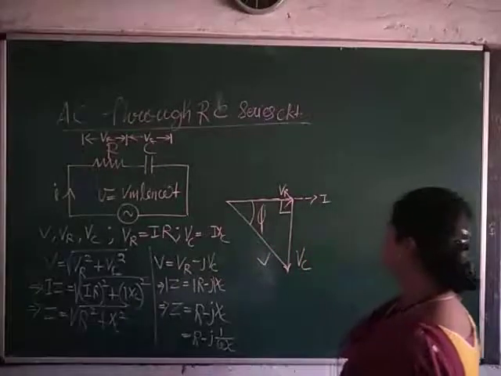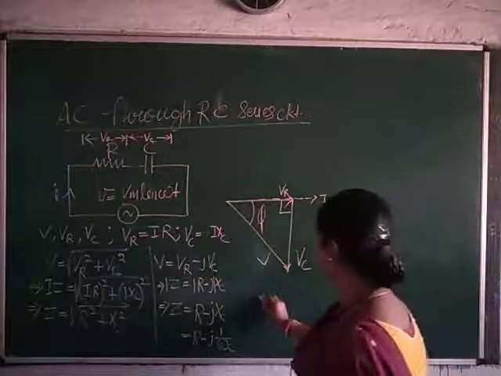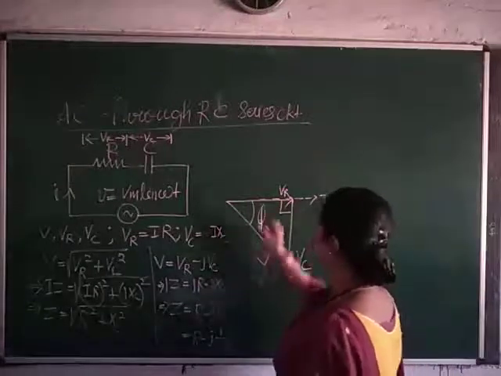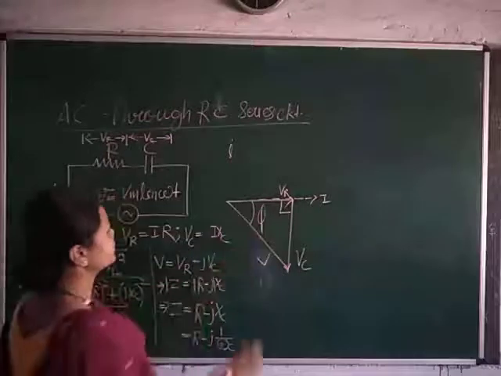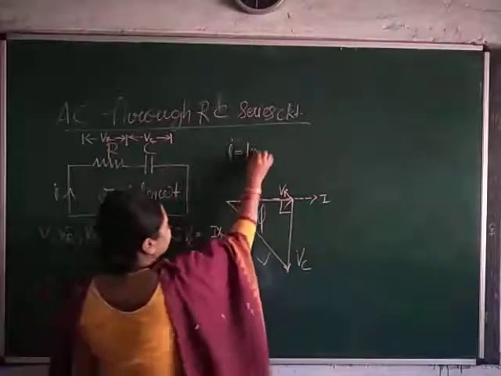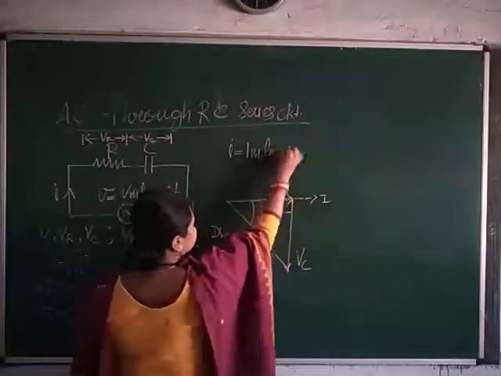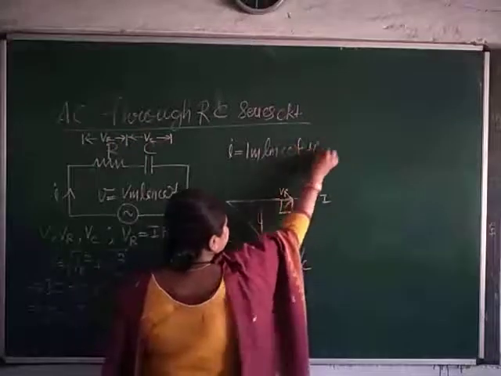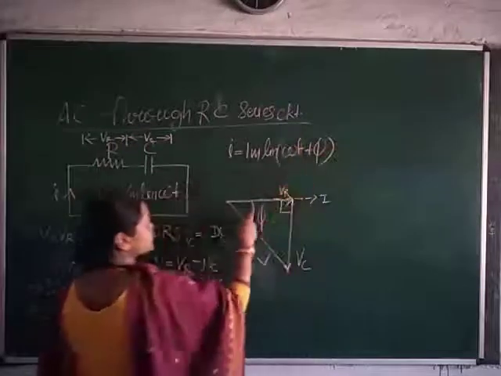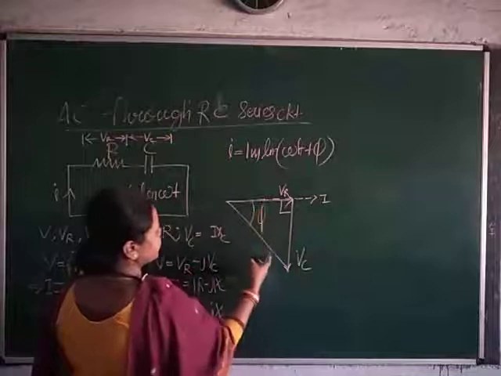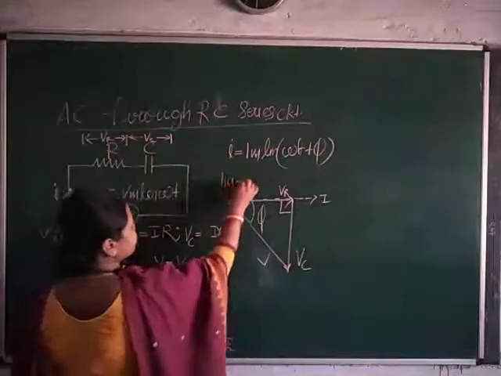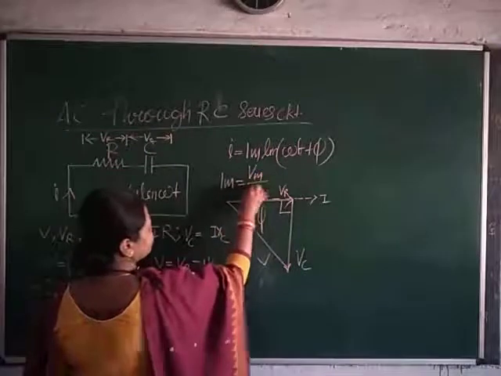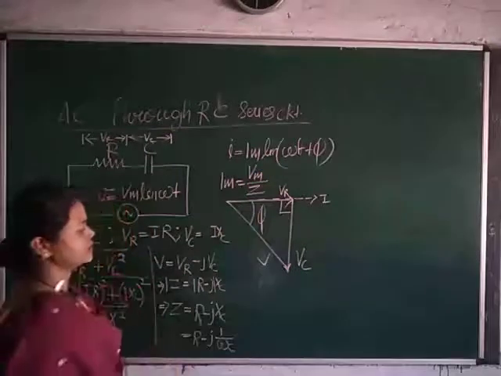So here it is very clear that the instantaneous value of current is Im sin(omega t plus phi), because at this angle phi current leads the voltage V. Now what is Im? It is the maximum value of voltage divided by the impedance.